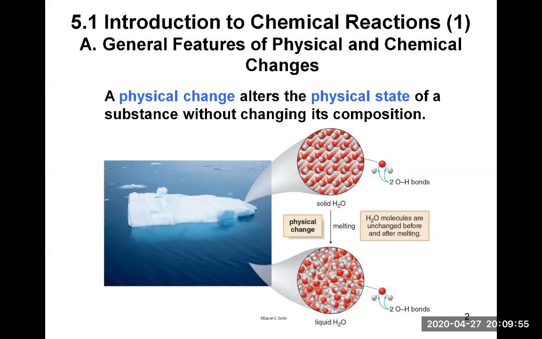And so this is the liquid state showing in the bottom bubble. And so when you go from ice to liquid water, you still have water at the end. It's just a change of physical state, a change of phase. So that's representing a physical change.